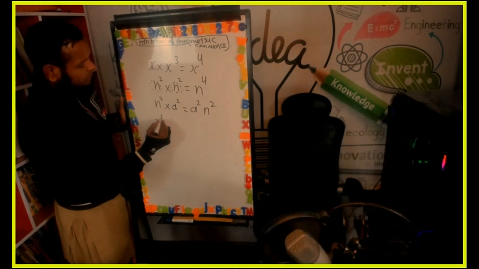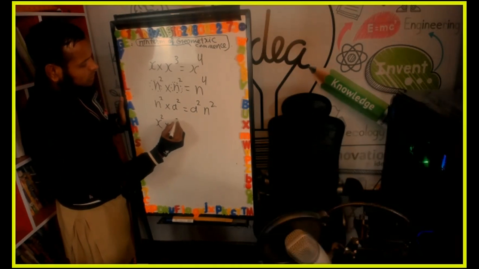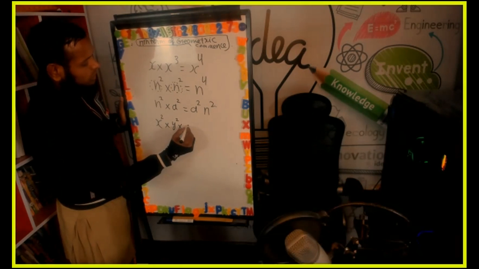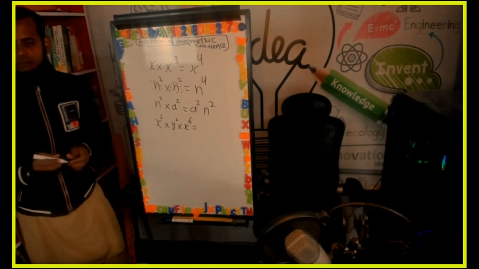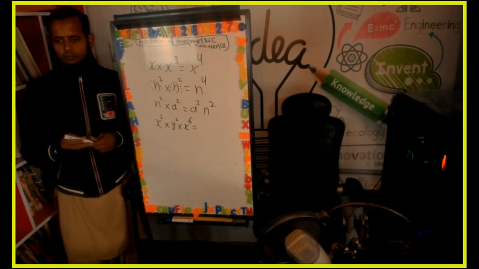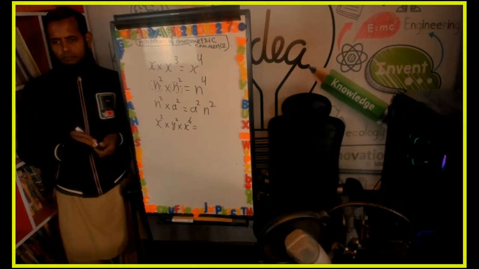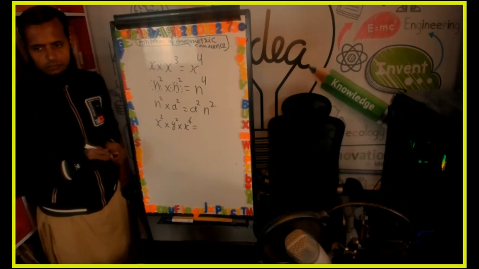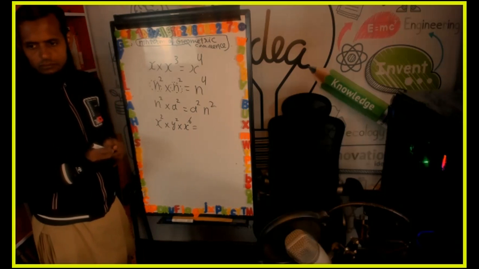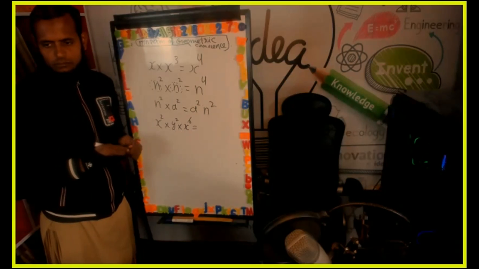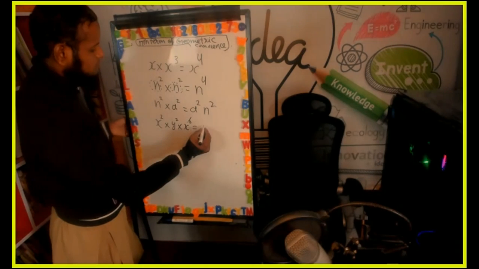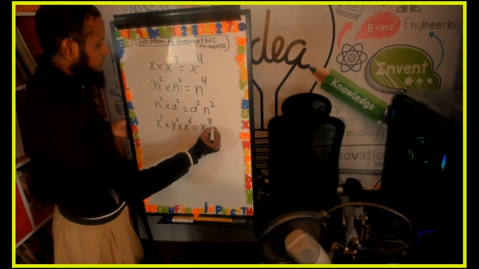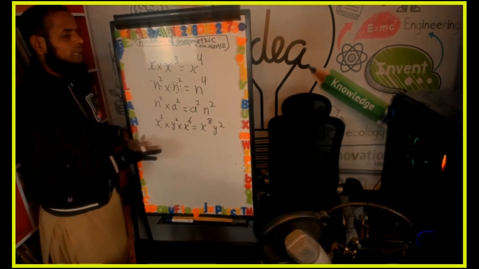What is the answer? x square into y square into x to the power 6. What is the answer? x to the power 8 and y square, okay? This is clear?